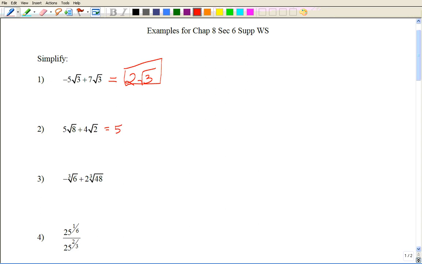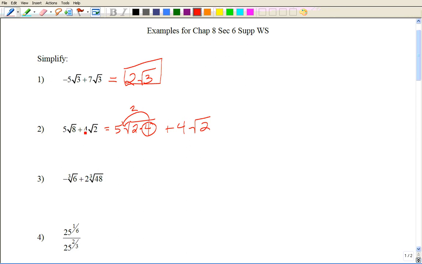Because if we have 5 times the square root of 8, the square root of 8 is the same thing as square root of 2 times 4, right? Well, the square root of 4 is 2, so we'll take that out as a 2.